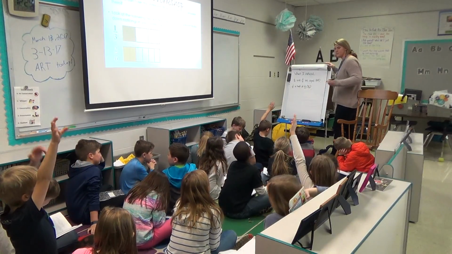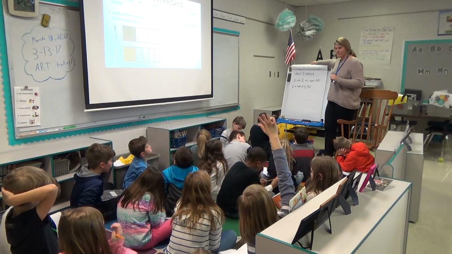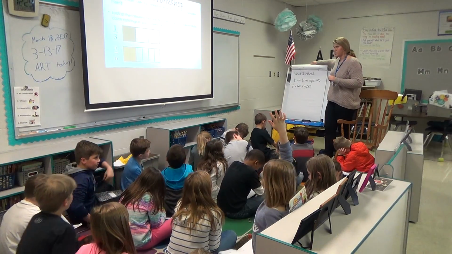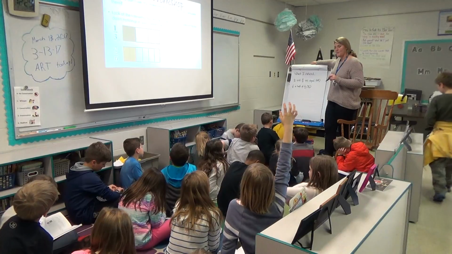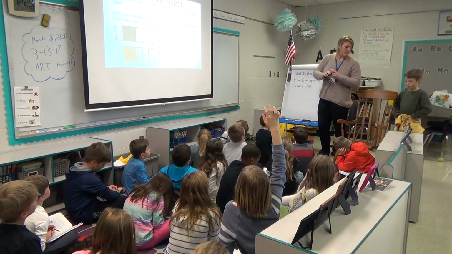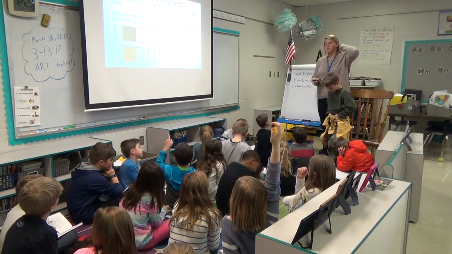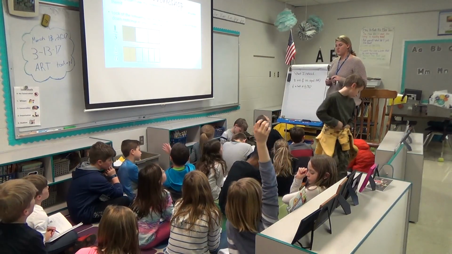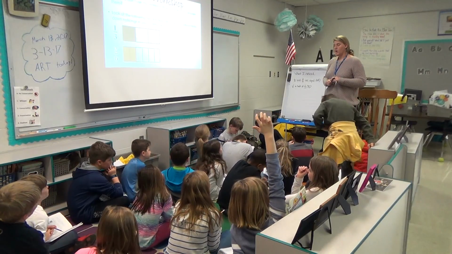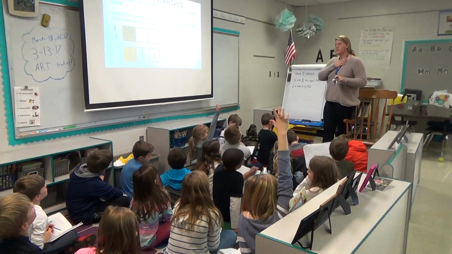Who else has some thinking to share? Caleb? See how 2 and 6 are like 2s? Well, they're smaller, and 1/3 is kind of bigger because there's 2, and you only have to eat 2, and that's a bigger one because there's only 1. Okay, so there's more pieces shaded in the 2/6 than the 1/3.